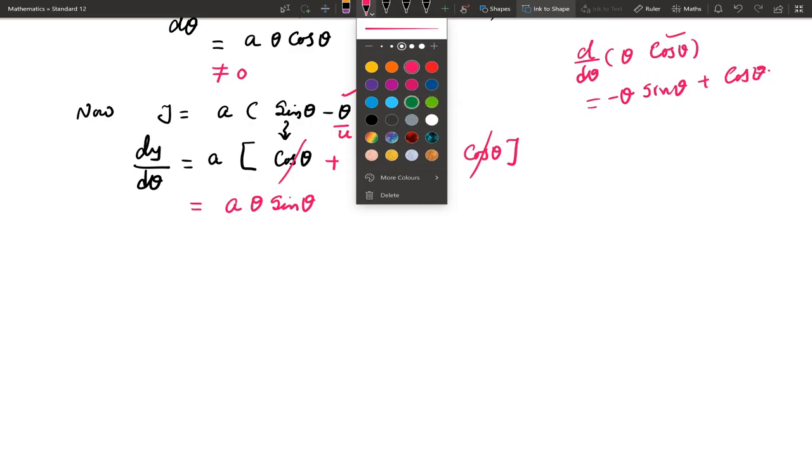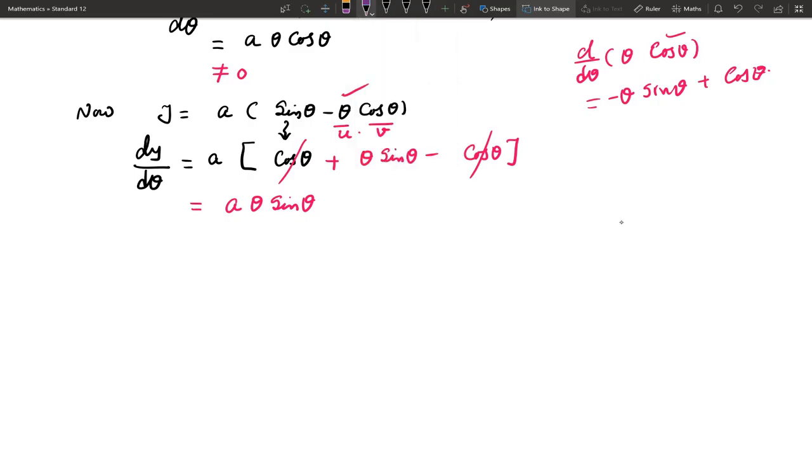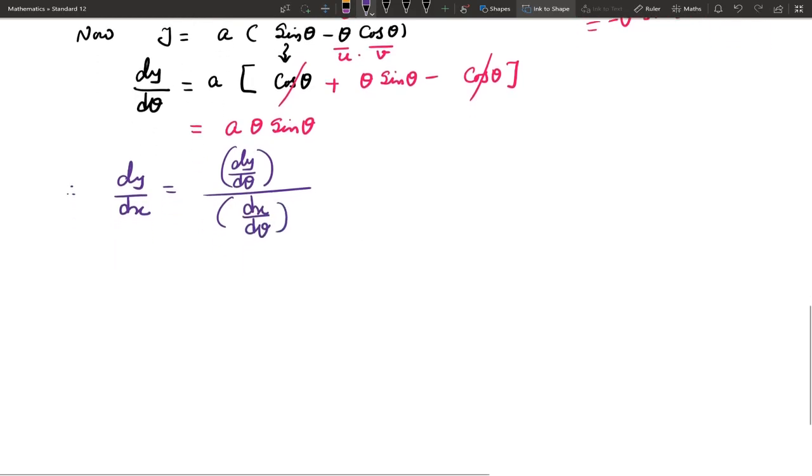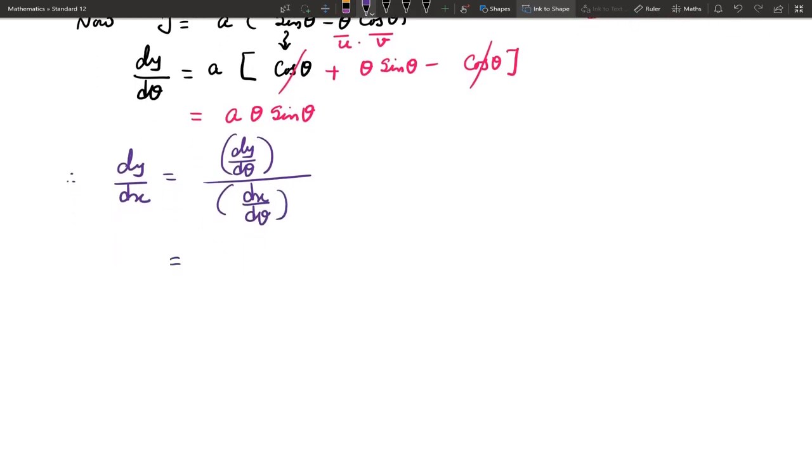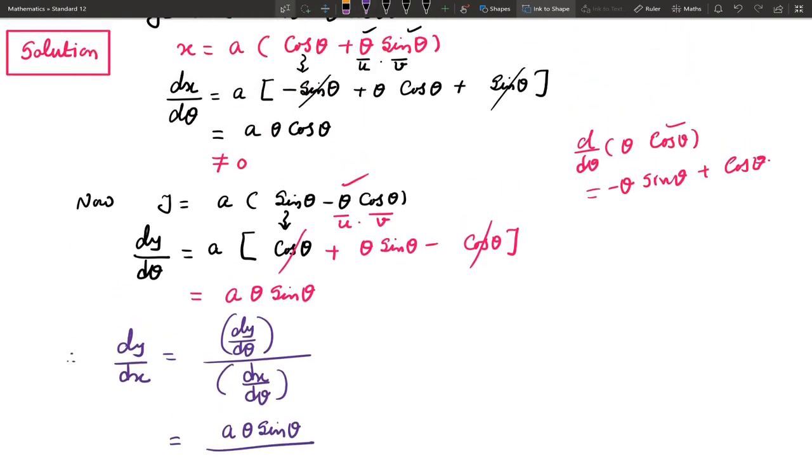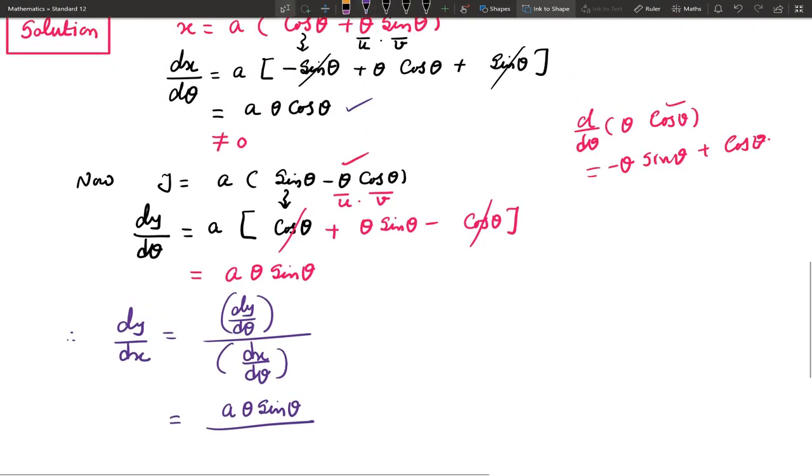So dy by dx equal to dy by d theta upon dx by d theta, that is a into theta sin theta upon a into theta cos theta.